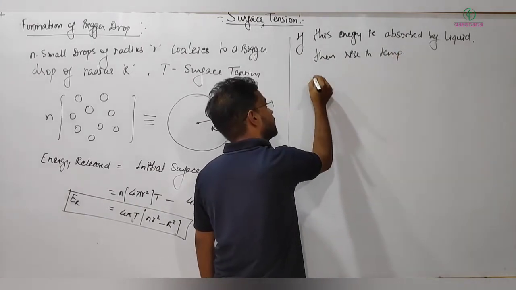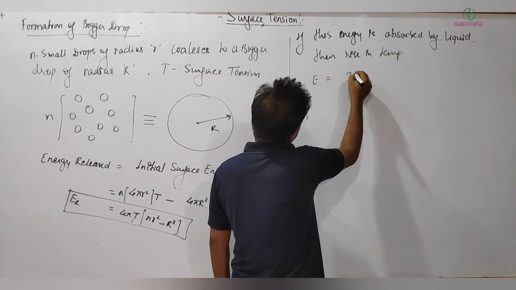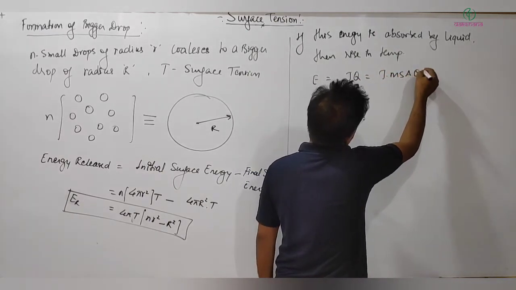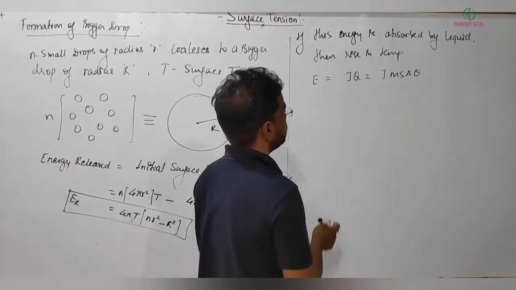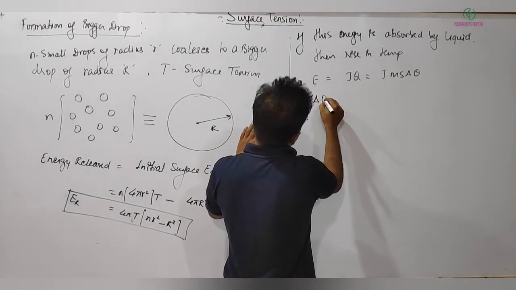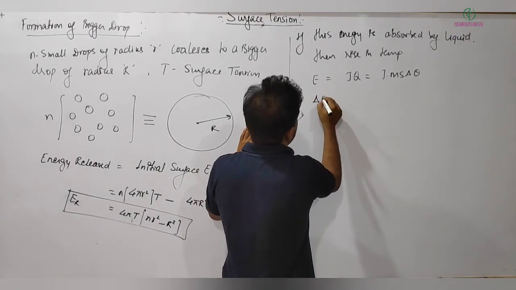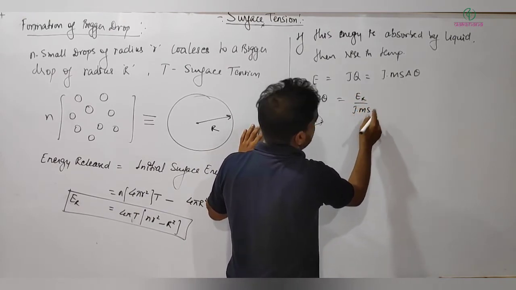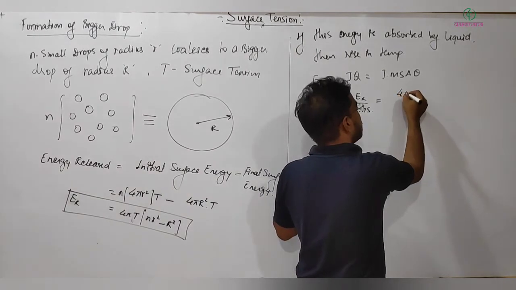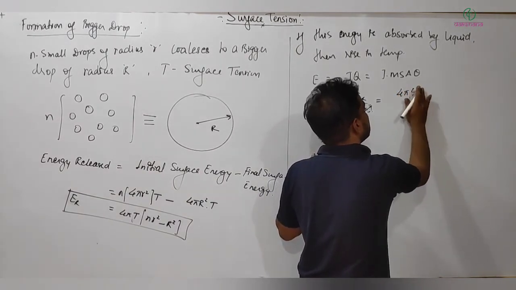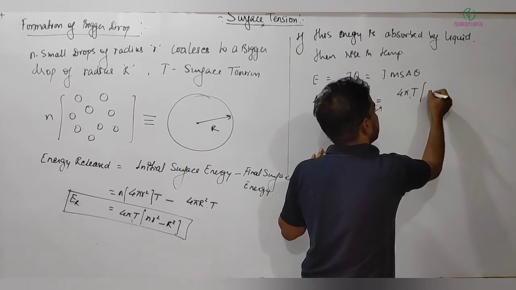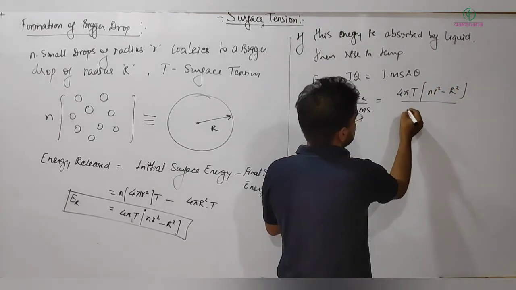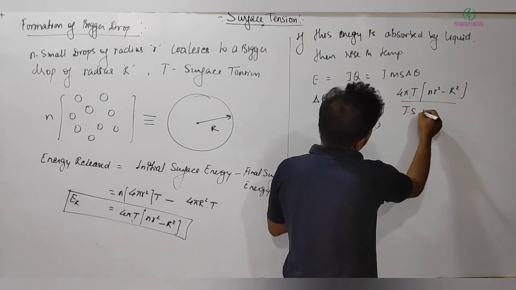E is equal to J into Q, that is equal to J into m s Δθ, where m is the mass. Then Δθ is E released divided by J into m into s. E released is 4 pi T multiplied by (n r square minus capital R square), divided by J, specific heat s, into m.